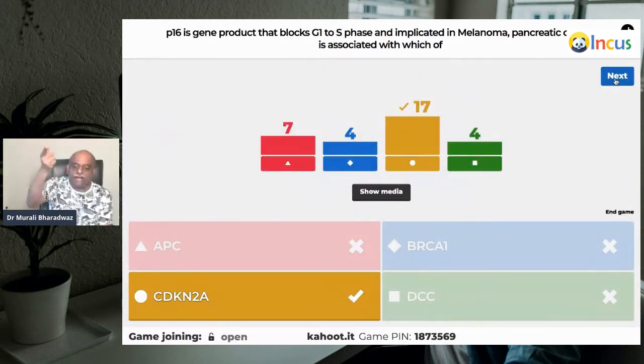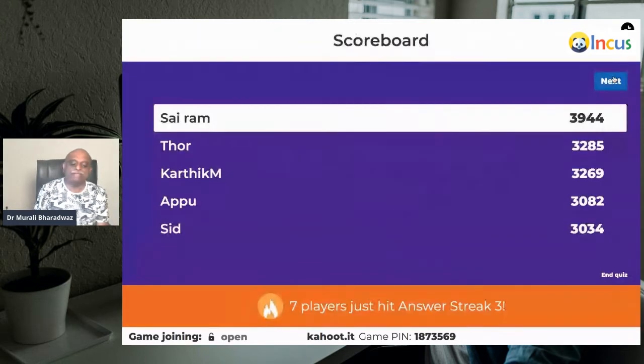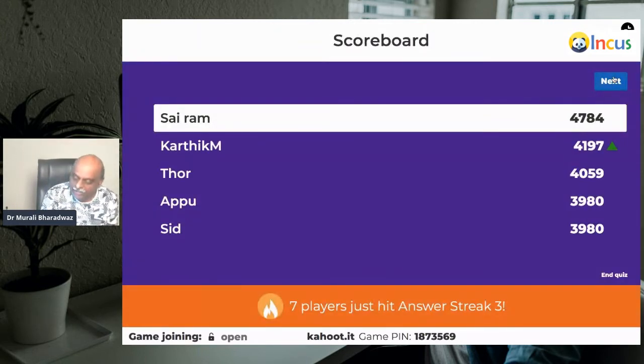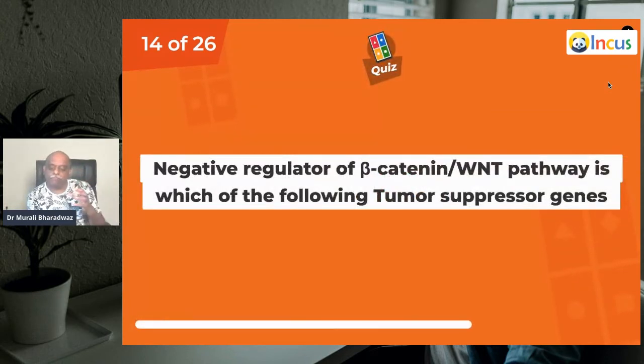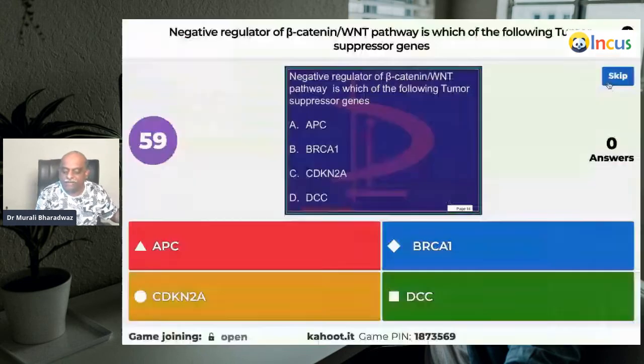17 of you are right, absolutely. You are the real mercenary Bahubalis with a sword in your hand. CDKN2A is what you need to remember, which is associated with P16. That keeps Sairam still on the top, but Karthik also has scored very well. Now, doctor, the negative regulator of the beta-catenin WNT pathway is which of the following tumor suppressor genes?